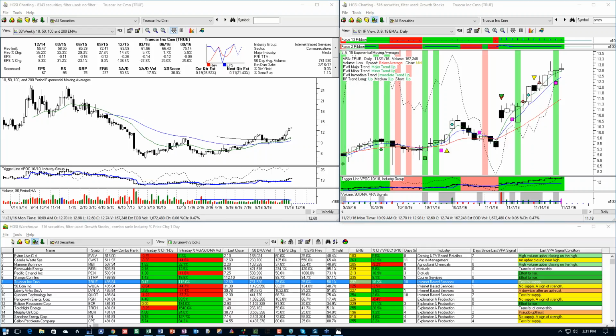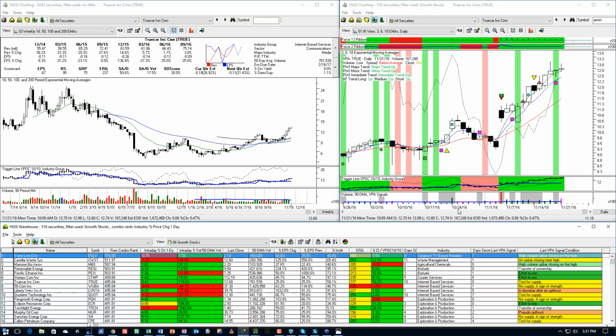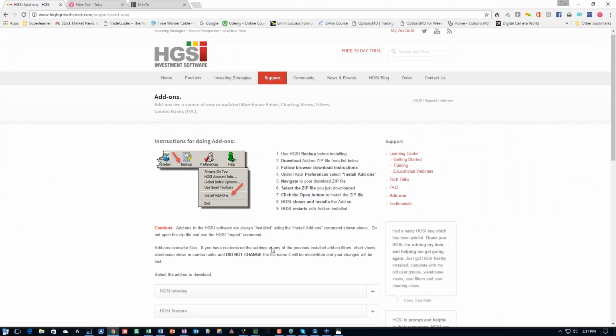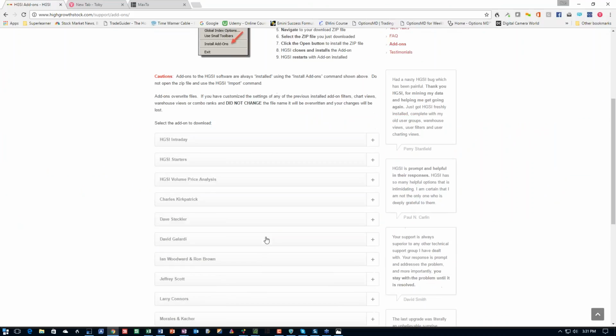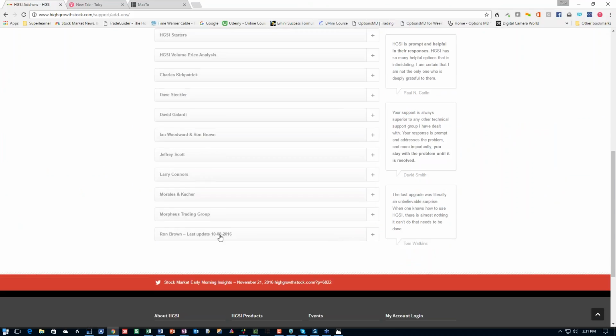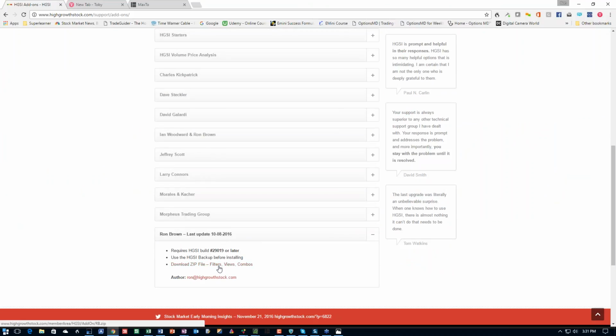Now I have two charts up here, and I also have a warehouse view, as you can see. I want to point out that if you go to the website and go to the add-ons, just reinstall the last update down here at the bottom.